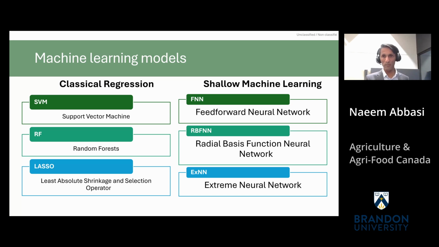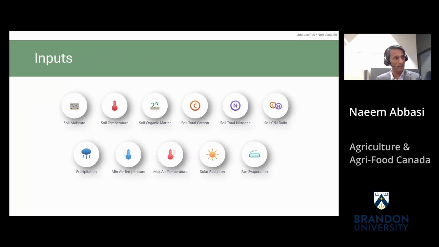So we used 6 machine learning models, which are here on the screen. 3 are classical regression type of, 3 are shallow machine learning. I didn't use any deep learning models because at that time the compute power was not there yet. So for the machine learning models, we took data that could be easily available for different fields.